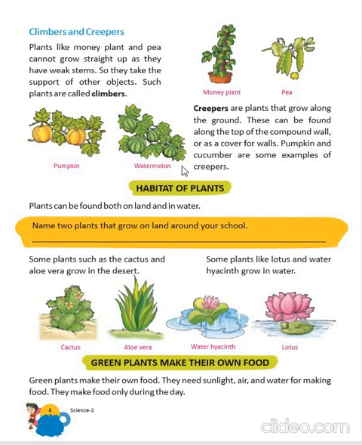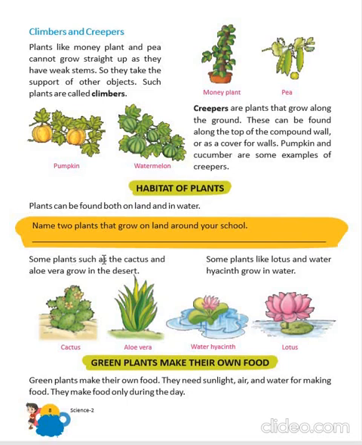Now come to habitat of plants. So have you seen that some plants are found on land, some found in water, and some plants can be found both on land and water.